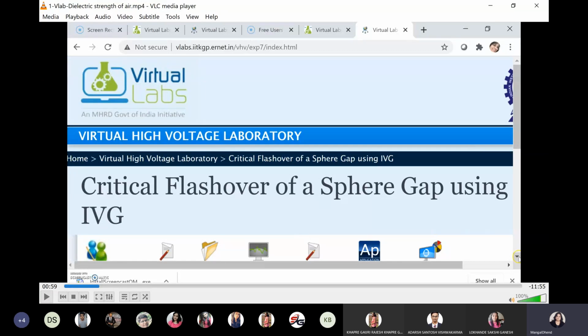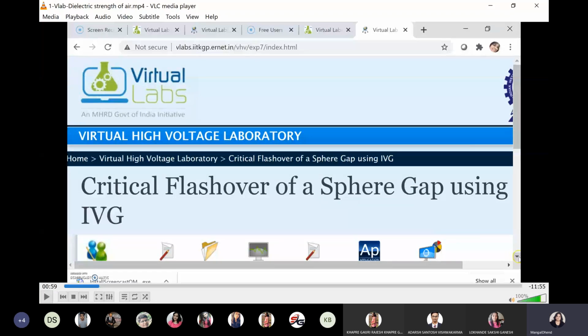Now see, this experiment is not the same as our experiment, but still we can see a number of effects and our experiment can also be performed. Only the supply is variable, meaning we are not using a high voltage step up transformer here, because in this experiment an impulse voltage generator is used. So only the supply changes.